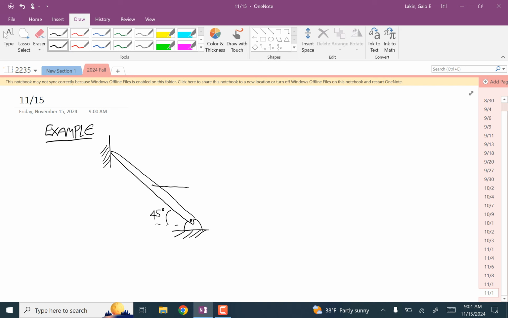We'll put a horizontal force here of 200 newtons. And let's say that the mass of this beam is 10 kilograms. Make the length 1 meter. Let's make it a little bigger, 1.2 meters. How about? And we want to calculate the internal loads.